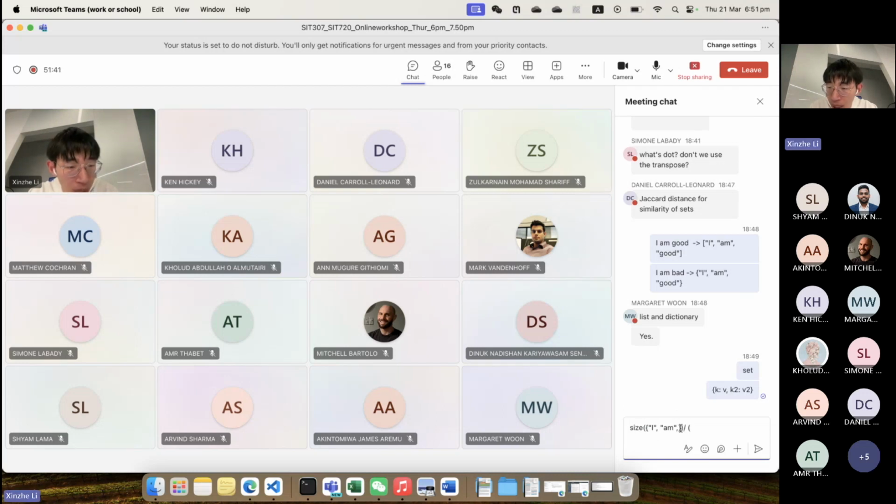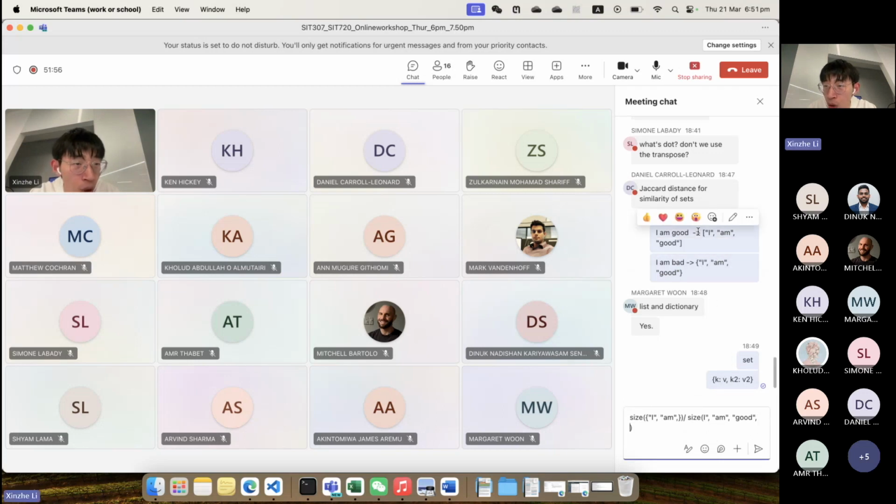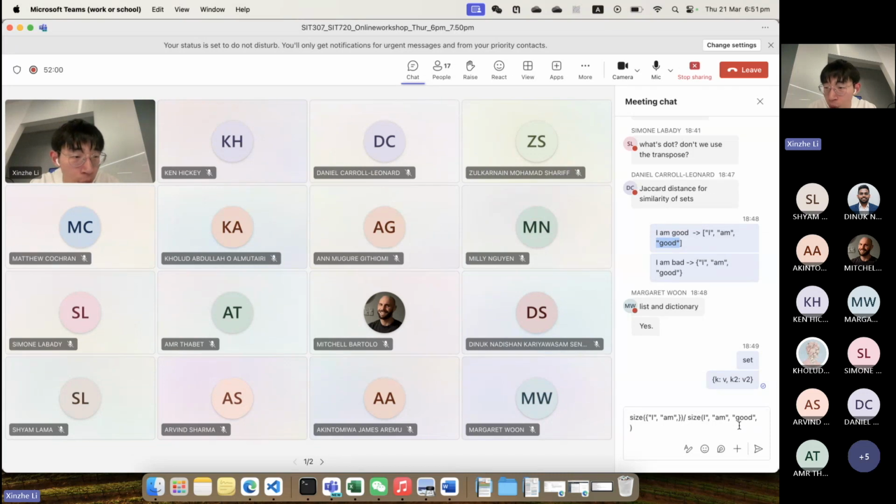And the denominator is the size of the union. Union is all the elements that appear, with no duplication, right? I'm already appears in this union, so I don't put it there again.